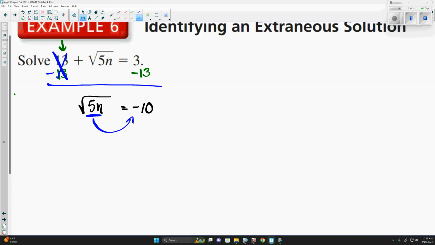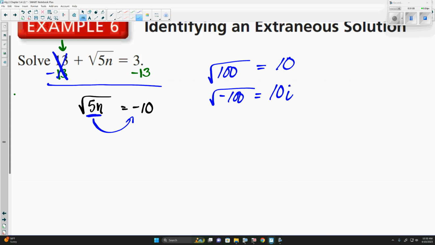The square root of 100 is positive 10, yes? If I said the square root of negative 100, it just doesn't work. We cannot take a square root, an even root, and get a negative. So if we get the radical by itself and it's equal to a negative number, it doesn't work. This is a no solution.